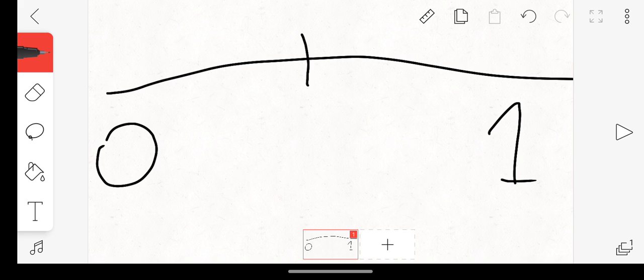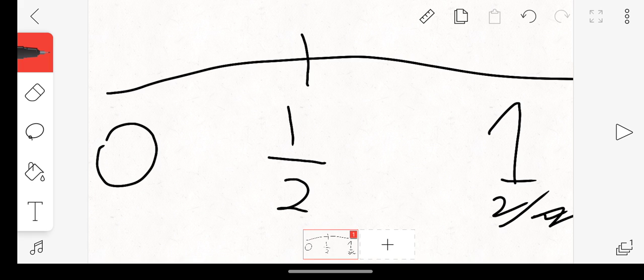We just put 1 half, and then 2 halves is the one whole number. And yeah, that's it. Halves on a number line are very easy.